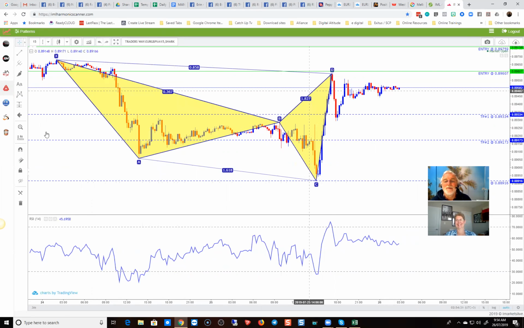If you measure, it came off what's called point D and went down to TP1, the take profit 1 point. It says 286, but because it's on a 15-minute chart, that's 28.6 pips.